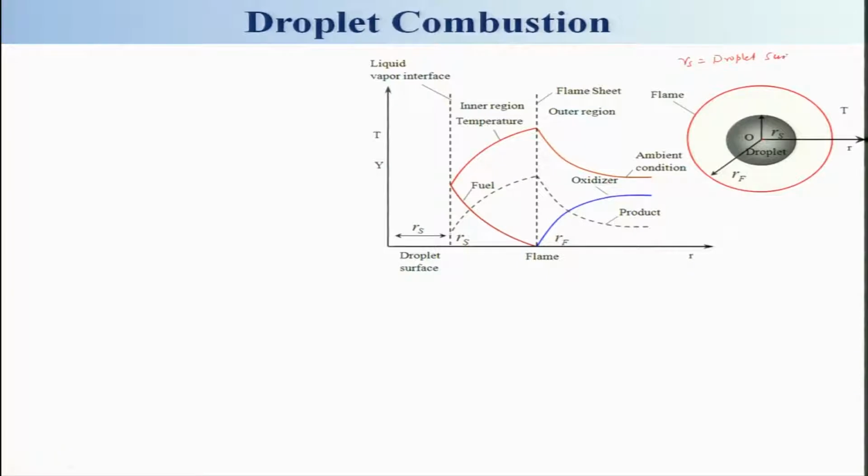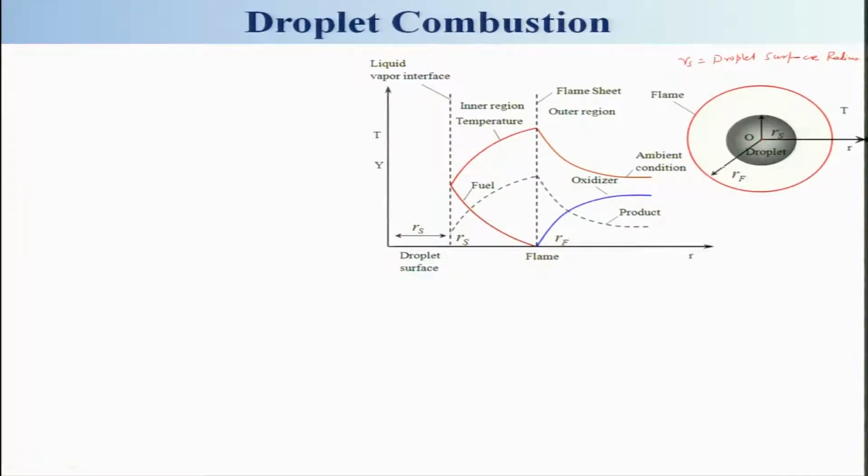And this is, as I told, R_F, the flame standoff distance, because the flame will be located at a certain region that will be dictated by basically how fast the fuel is diffusing into the flame, and also the oxidizer being diffused and mixed. So, that will be dictated by that.